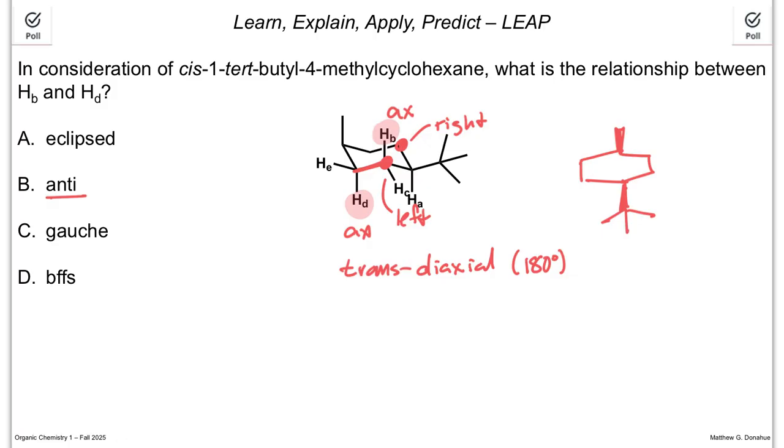So we'll start with our left eye here, looking down that sigma bond, which means HB has to be up. Then HC is going to go over here to the left.